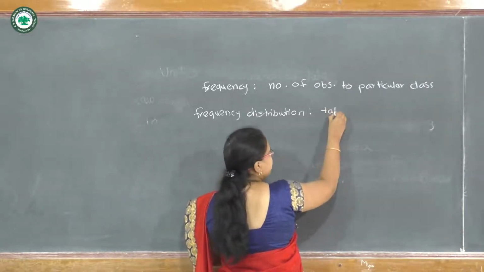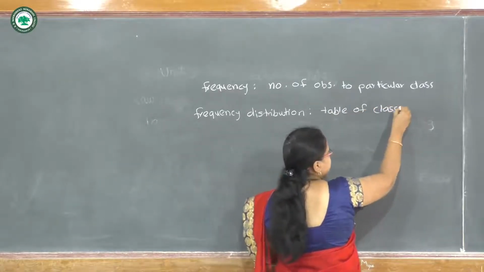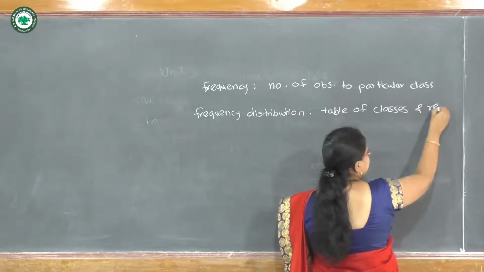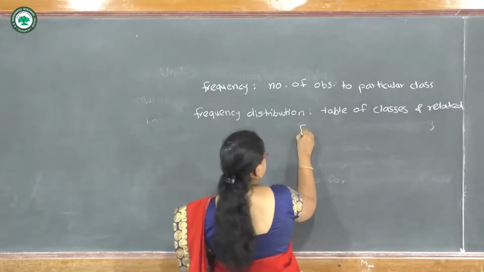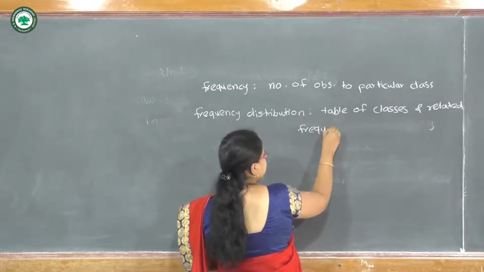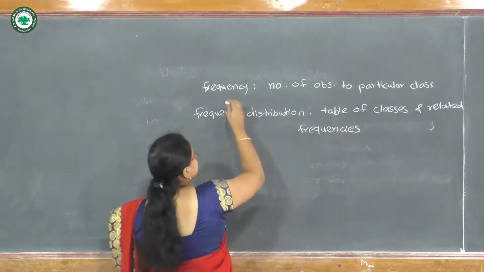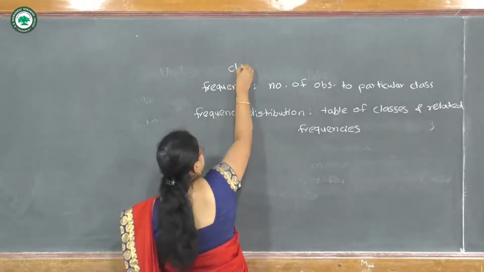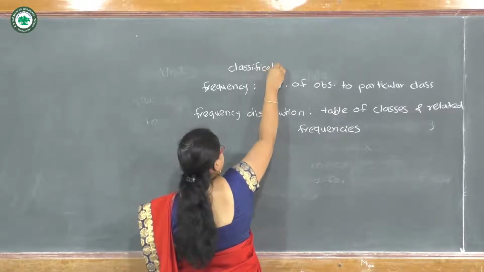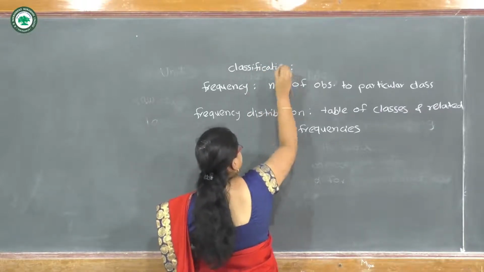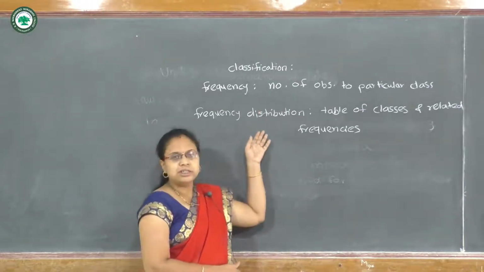So it is a table of classes and relative frequencies. These all come under the classification methods, and these are required to classify the data.